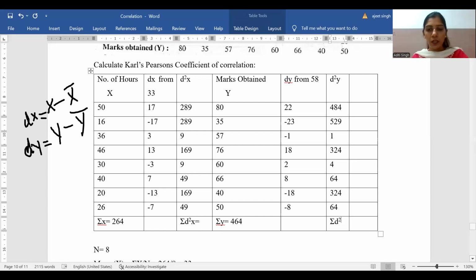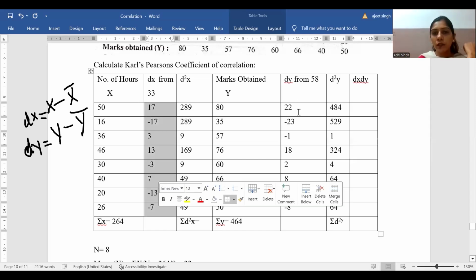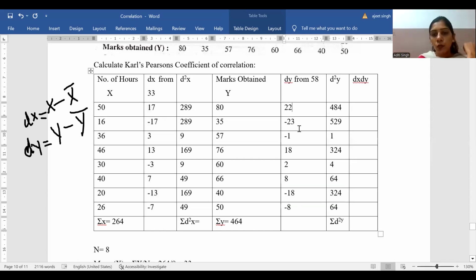This is y. So let's first calculate dx and dy. We have to also calculate the value of dx dy. So what we have to do, we have to multiply these values of dx with the values of dy.